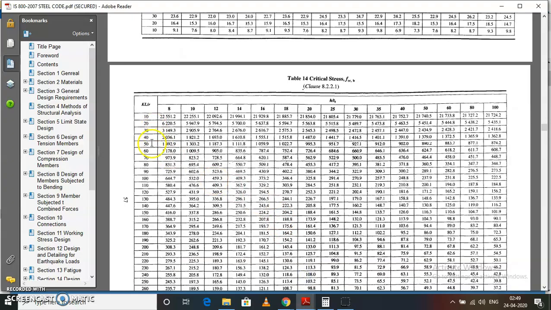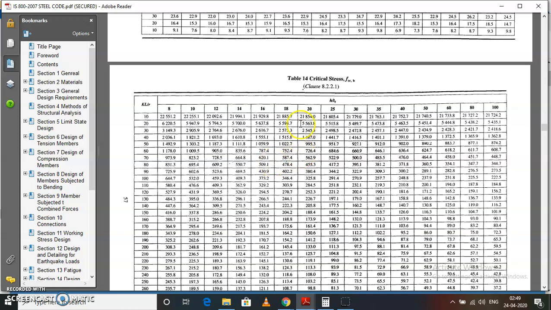Here KL by r value is given for 50 and 60, and h by tf value is given for 20 and 25. But we need the value in between, 24.13, and we need the value in between 50 and 60, that is 52.8. Therefore we have to double interpolate these values.